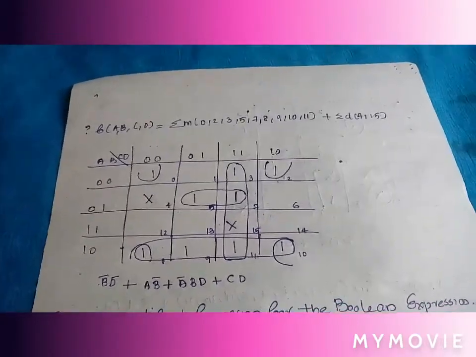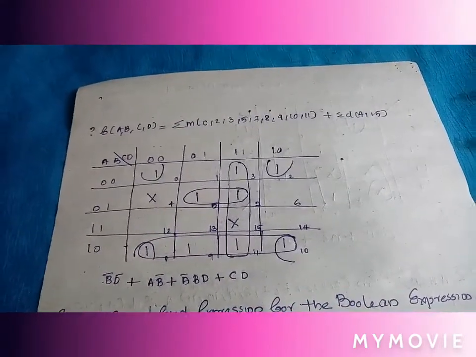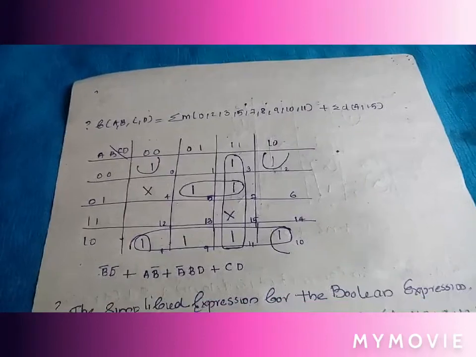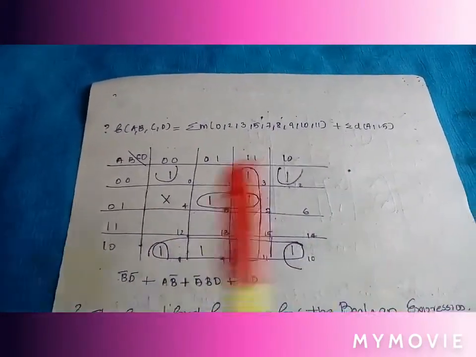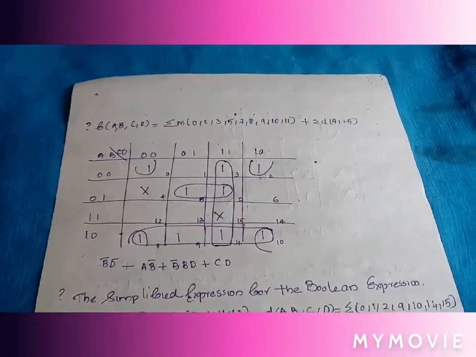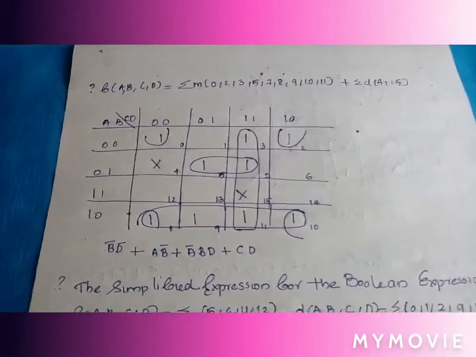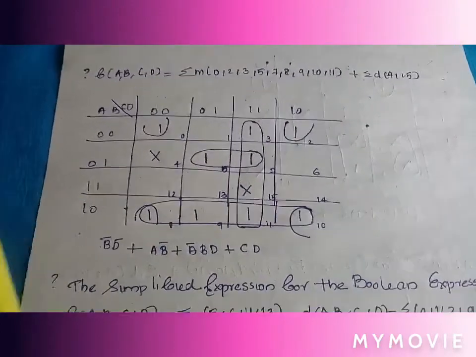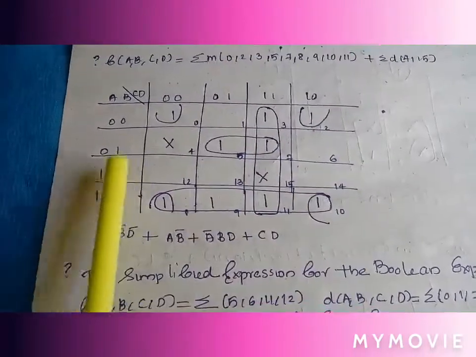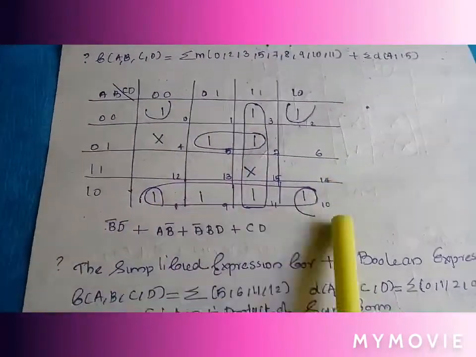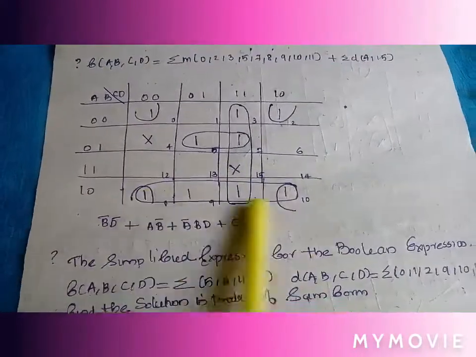Consider this question, f of ABCD is equal to the summation over m of 0, 2, 3, 5, 7, 8, 9, 10, 11 plus the summation over d of 4, 5, 0. We draw the diagram, write the decimal value corresponding to each cell, and mark the numbers and don't care conditions. First we don't pair the 1s and x's; we just check all the corners, we get all ones, so we make it a quad, and here also four ones, that is a quad.